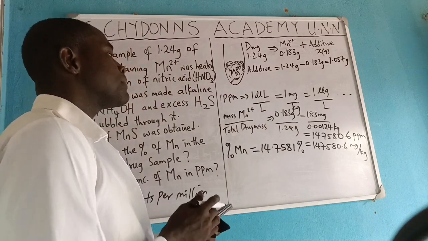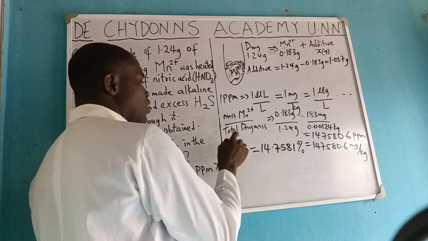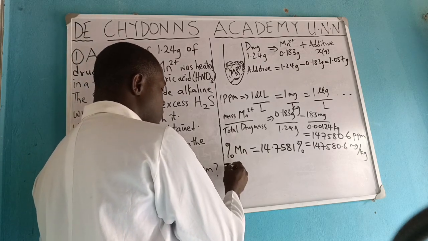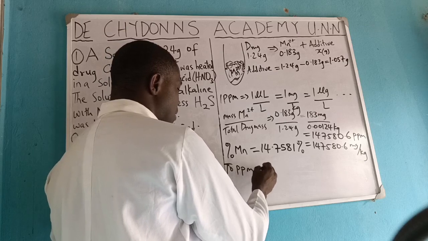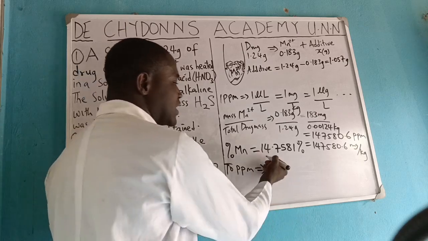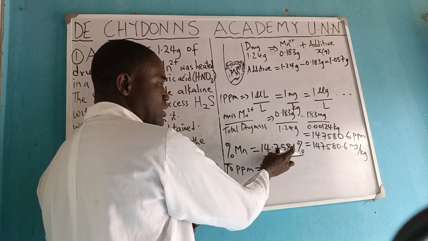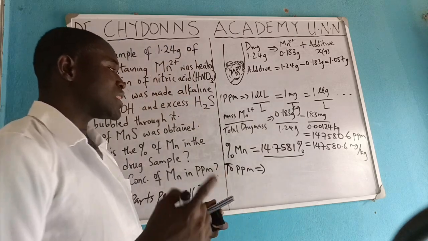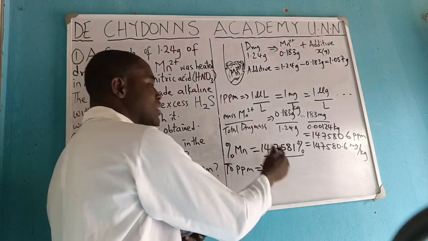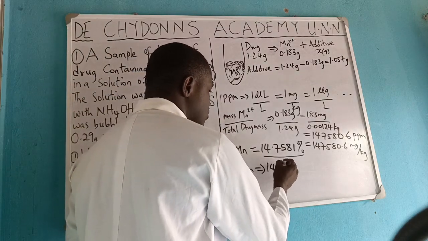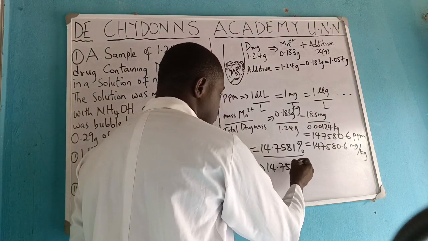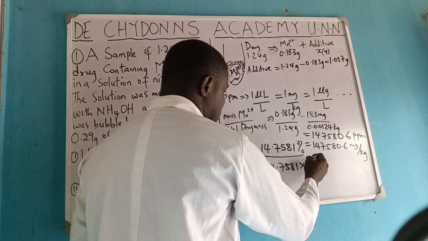Are you getting it? Now, ppm can be gotten by taking that concentration, I mean the percentage of that manganese, and multiplying it by 10 raised to the power of 4.